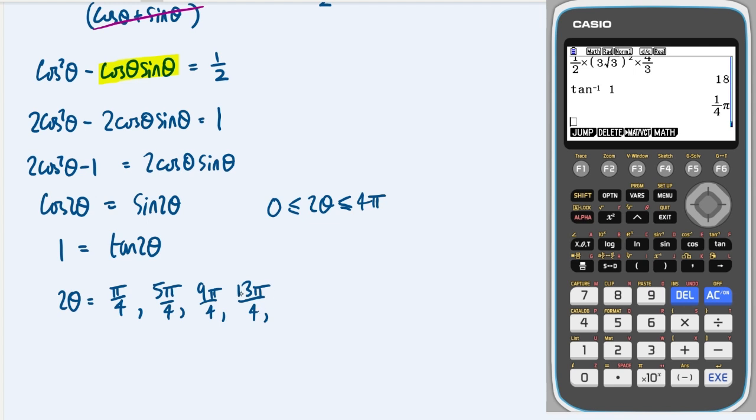That's just over 3 pi, so we can add on another one. And in fact, that's over, isn't it? That's over 4 pi, so that's no good. And then we just divide through by 2. So we get pi over 8, 5 pi over 8, 9 pi over 8, and 13 pi over 8. Beautiful.